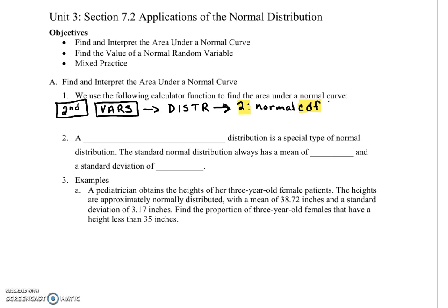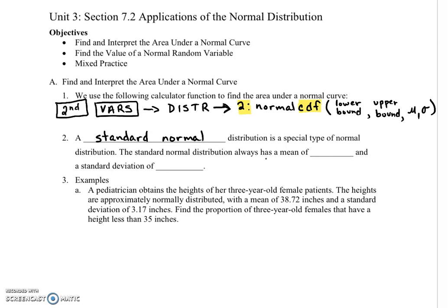And then the arguments it takes are a lower bound, an upper bound, and then a mean and a standard deviation. So there's a special type of normal distribution called a standard normal distribution.